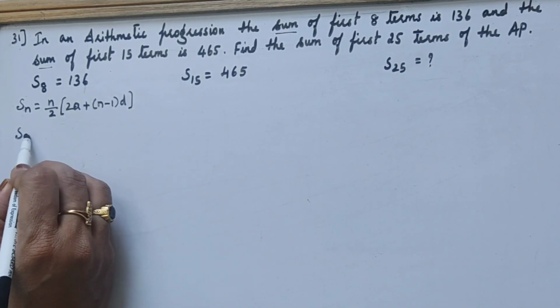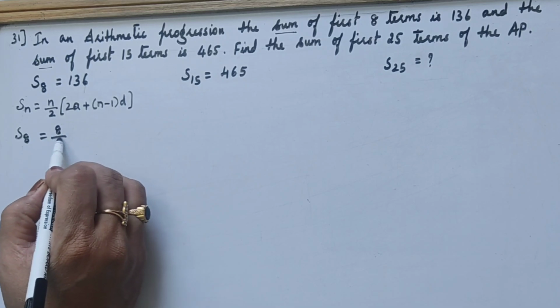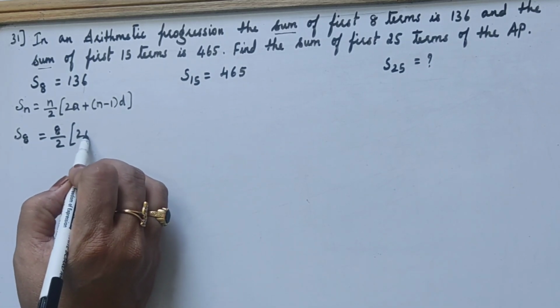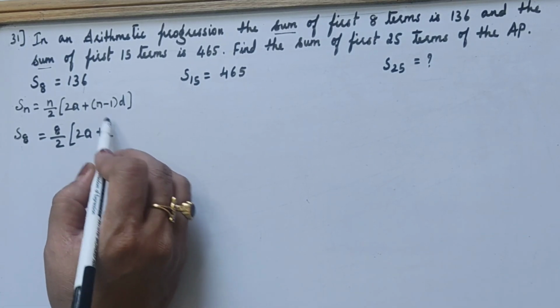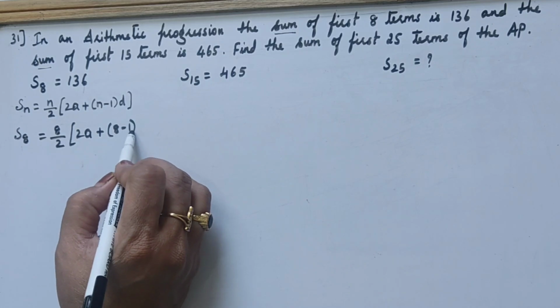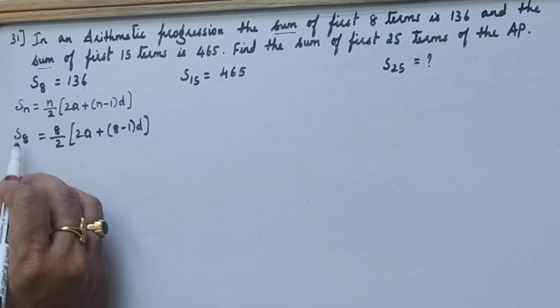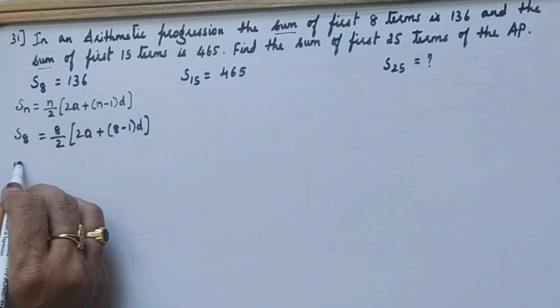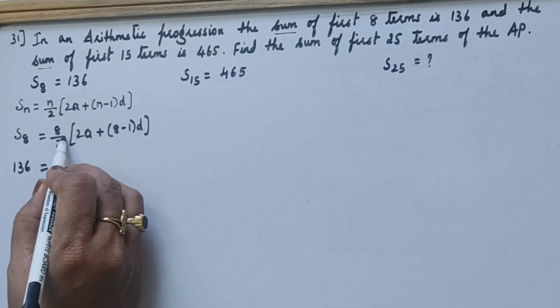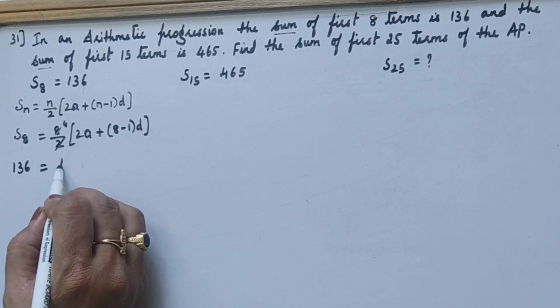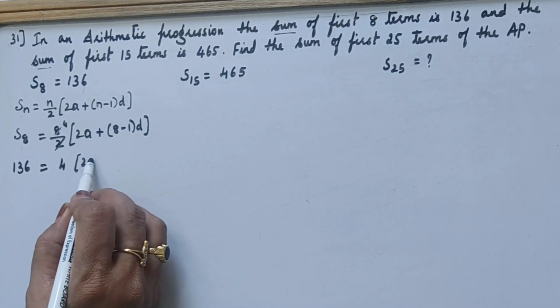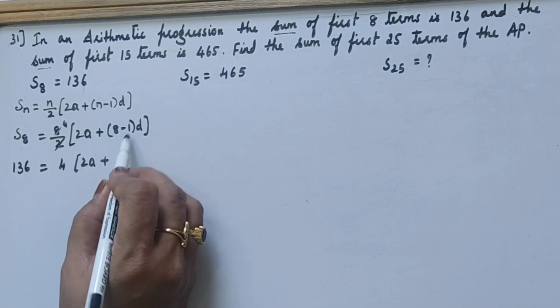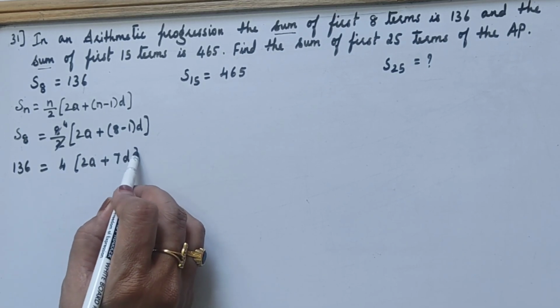Here S8 equals 8 upon 2 into 2a plus (8 minus 1) into d. So S8 value is 136 equals 4 into 2a plus 7d.